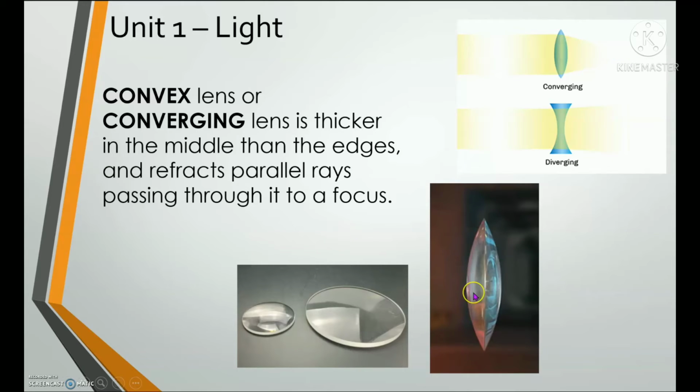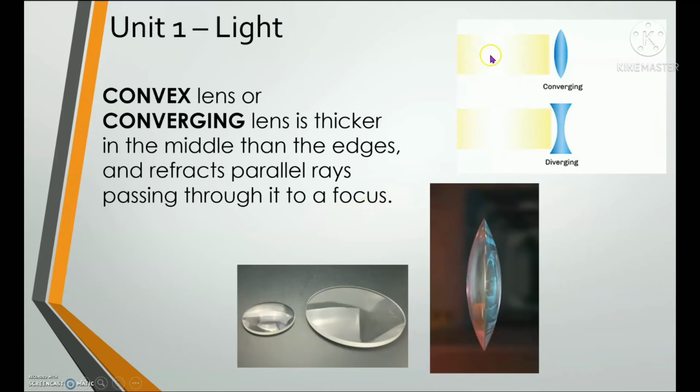Very good. So this is a convex lens. As we can see, it is thicker in the middle. The middle part is thicker. And it also refracts parallel rays passing through it to a focus.